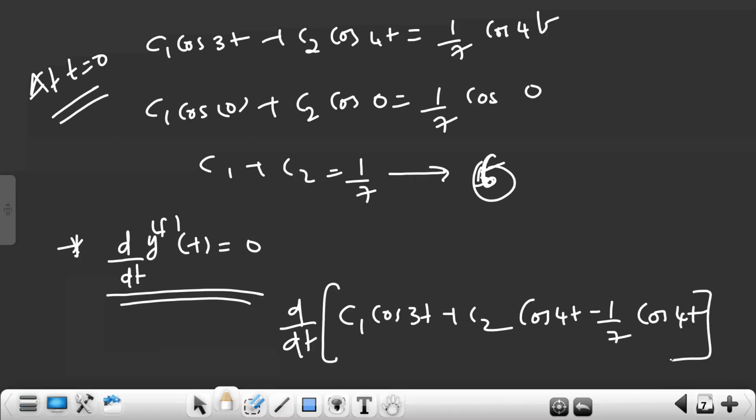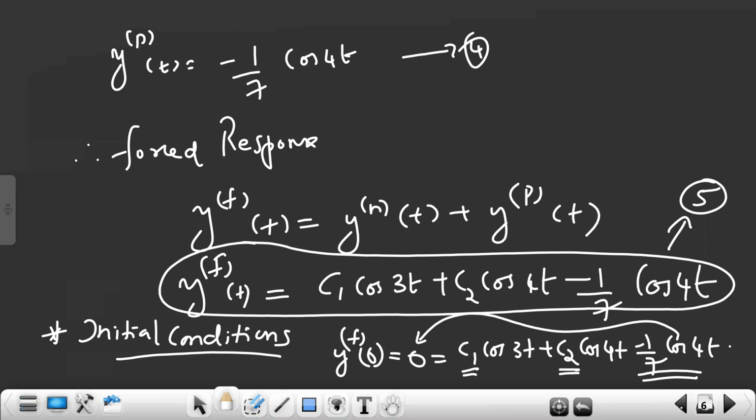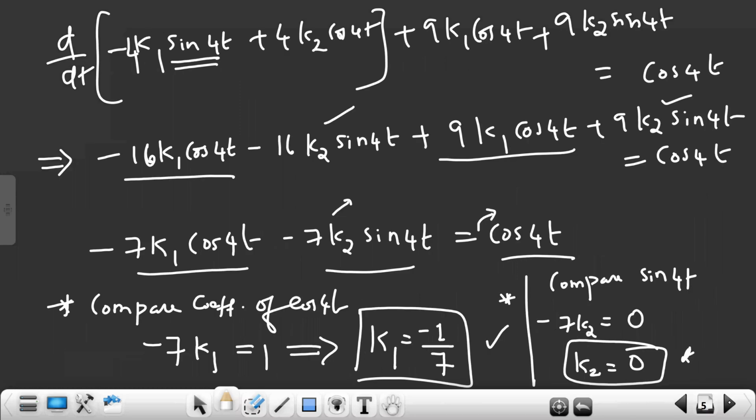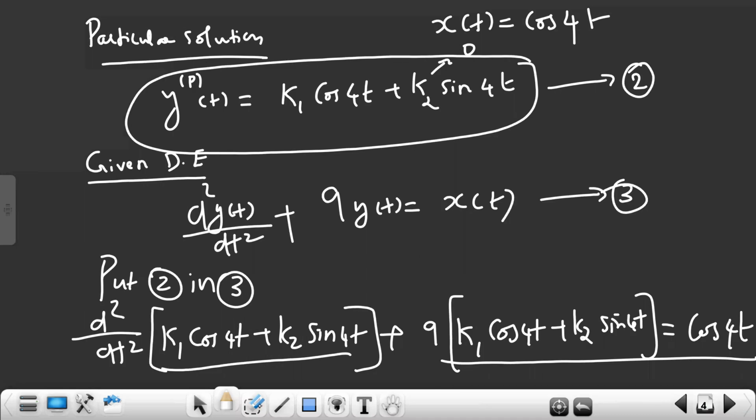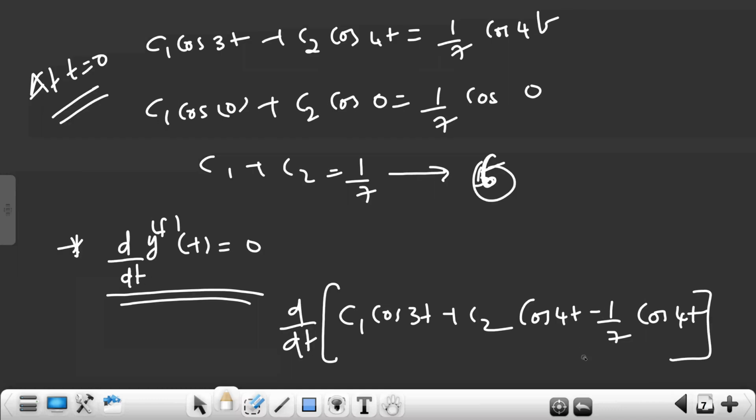Sir, the second term, shouldn't it be C2 sin 3t? The second term means Yp you are talking about? Sir, Yn of t, the natural response. Yeah, correct. Yes, thank you. So here I made a mistake, right? This will be sine.